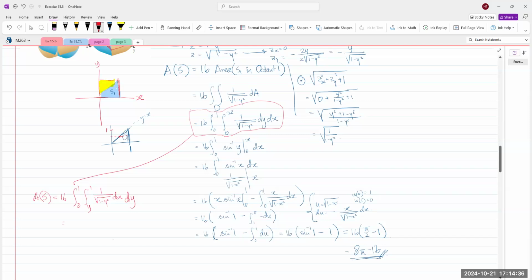But that will give us 16 times the integral from 0 to 1, the length of the interval 1 minus y, over square root of 1 minus y squared dy. Okay, which will give us 16 times the integral from 0 to 1 of 1 over square root of 1 minus y squared dy minus the integral from 0 to 1 of y over square root of 1 minus y squared dy.